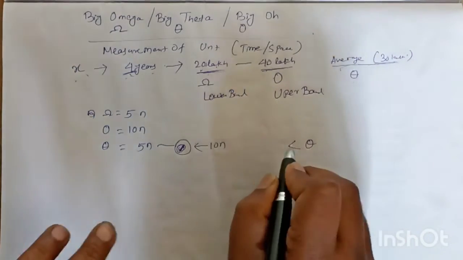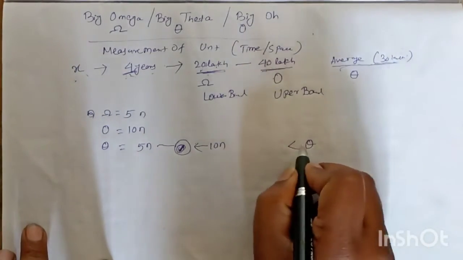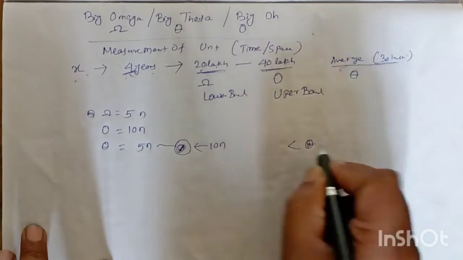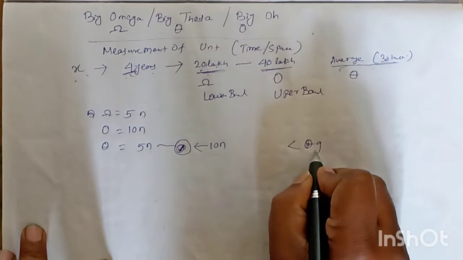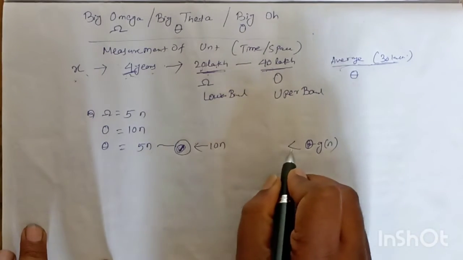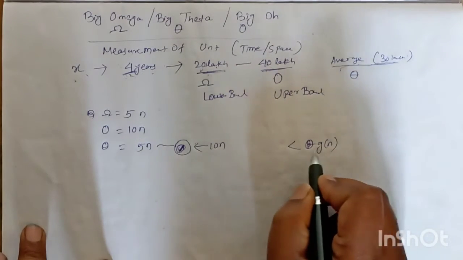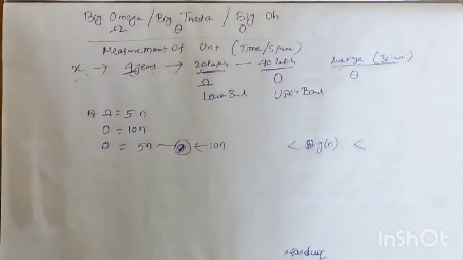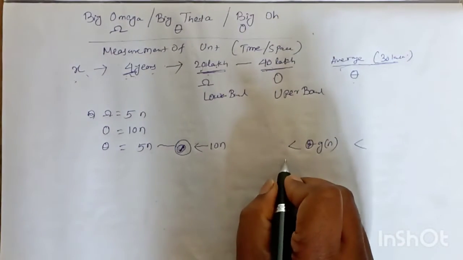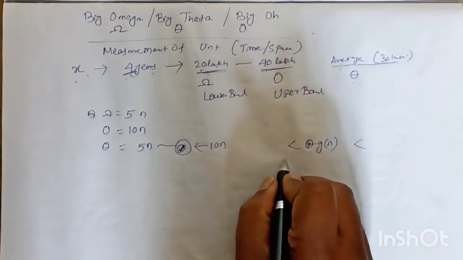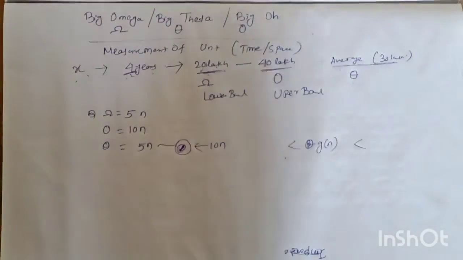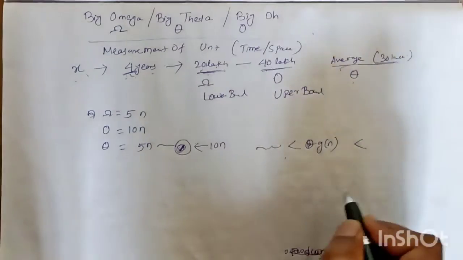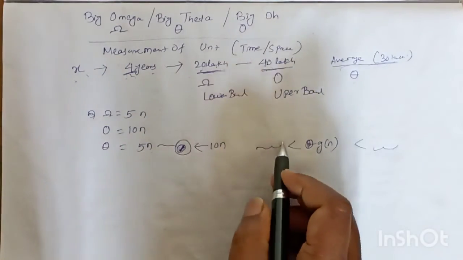Generally, we will say theta is less than, and if we take some other function, let's say it's g of n, it tells there will be some upper bound and some lower bound, and it will also be given what the value of n is, under what scenario some value will be less and some value will be more.